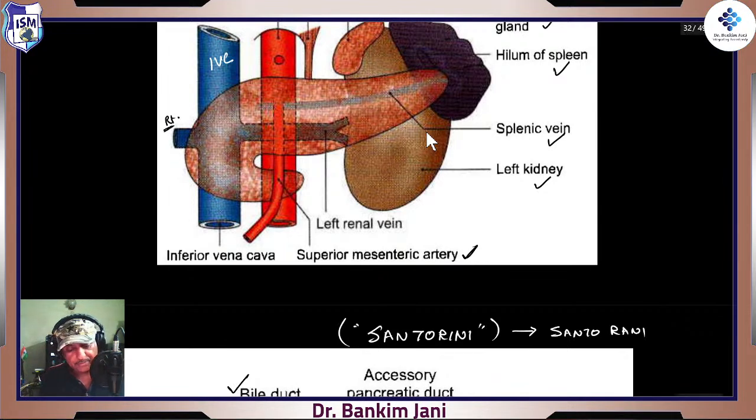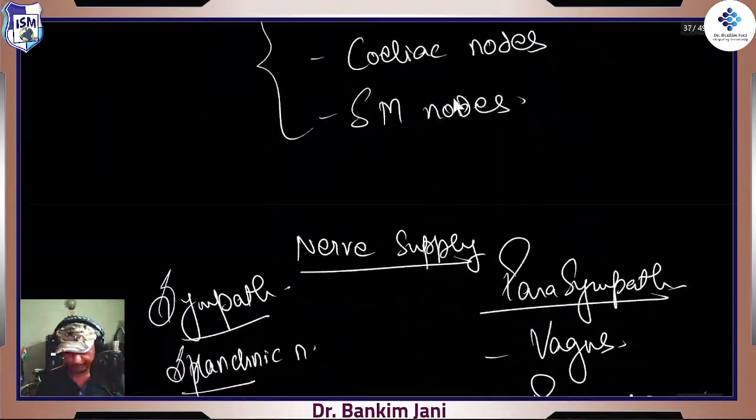This is the left renal vein which has to travel a longer distance to reach it. Now the same thing has become a different plane, so now we are watching this section, and here it is.